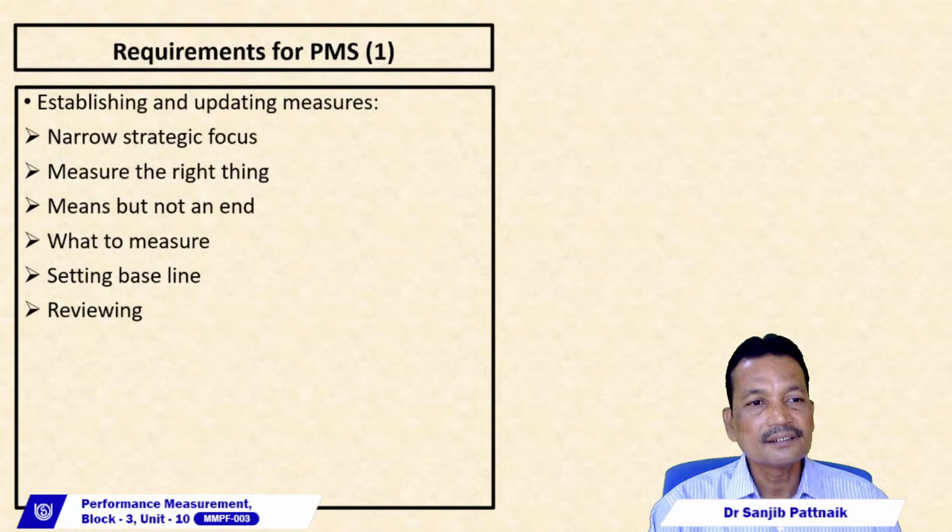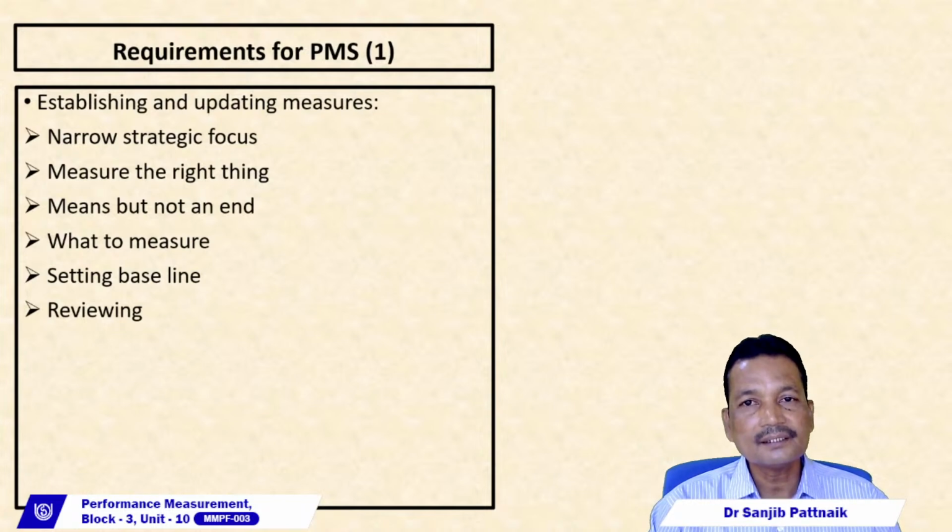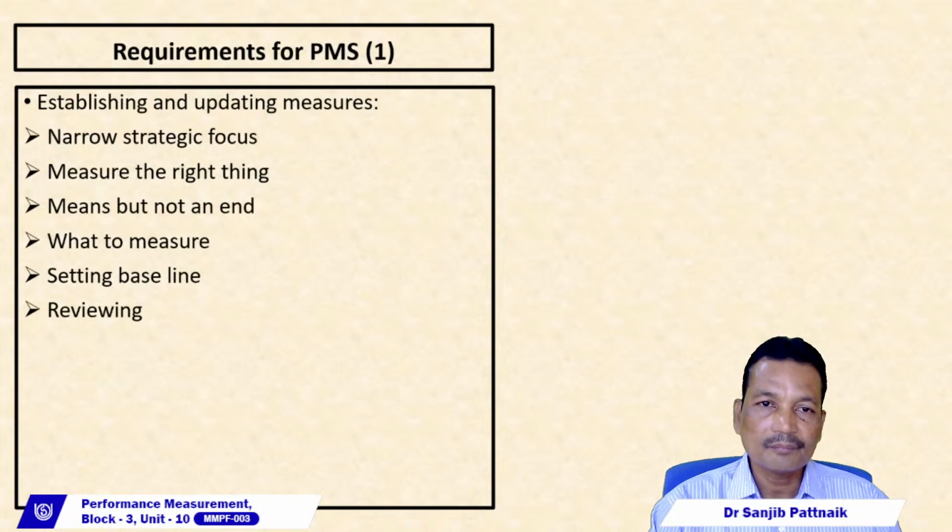So here what we have to do, we have to have a narrow strategic focus. We have to look at what is the activity for which we are setting up the measurement system.